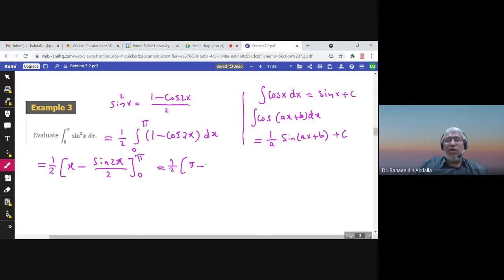Sine 2 pi is just 0. Okay. Then minus, we replace now 0: 0 minus sine of 2 times 0, which is 0. Sine 0 is also 0. So actually the answer is pi over 2.